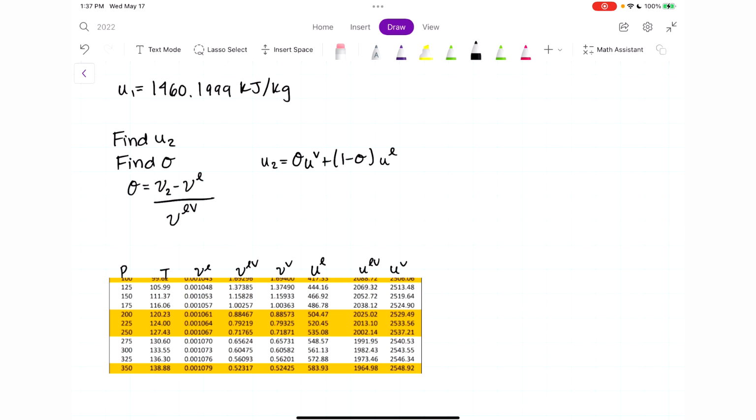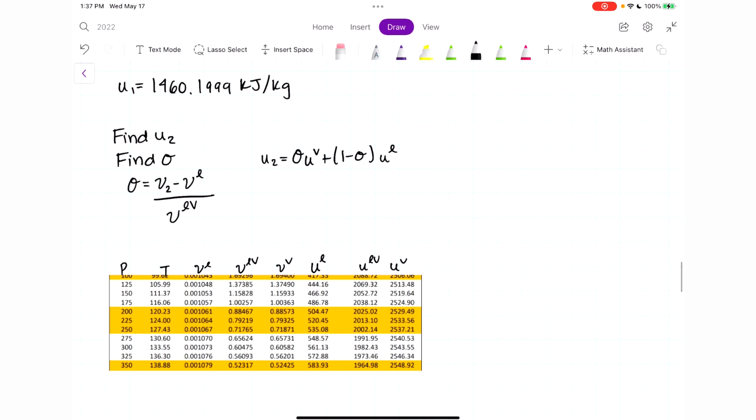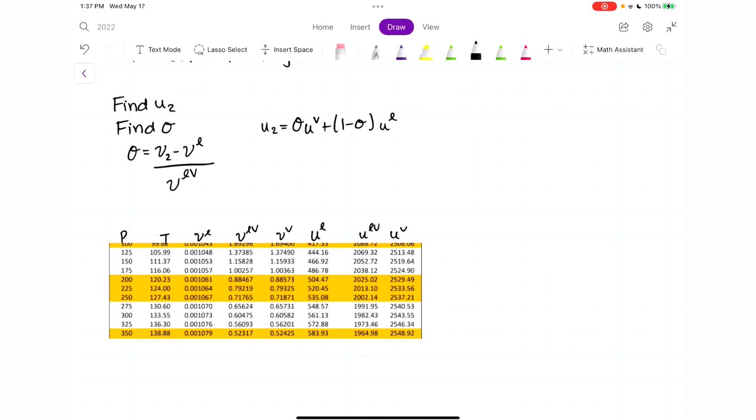Again, these are all specific internal energy terms, so it's always going to be per kilogram when we're using our tables, or at least when I'm using my tables. Depends on the units in your tables. We know that the specific volume in state 2 is 0.835, and our system at state 2 is at a pressure of 200 kilopascals.